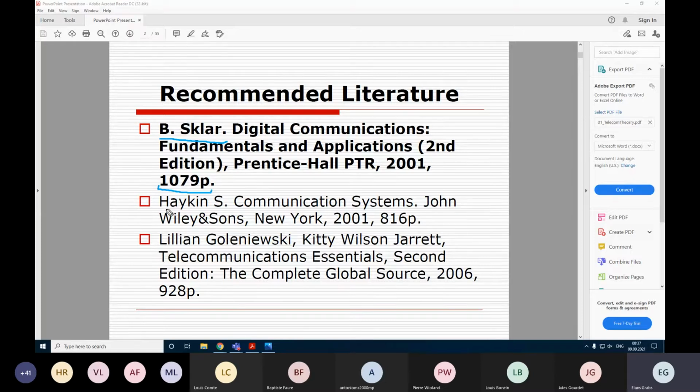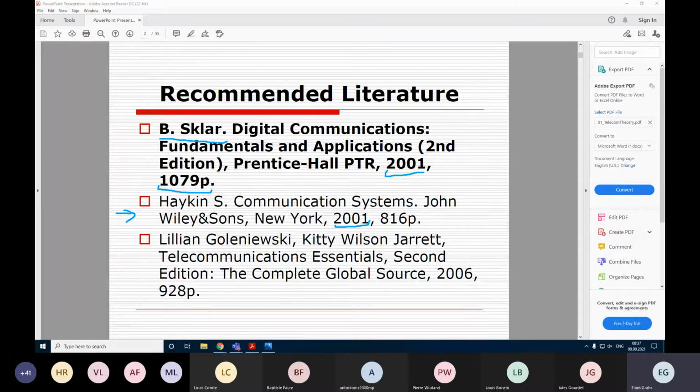Another good book is Haykin's book on communication systems. This is not only related to digital systems. As you can see, these books were written quite some time ago, but they are still very good and provide information on some fundamental things, basics, which are based on laws of nature, on physics and mathematics.